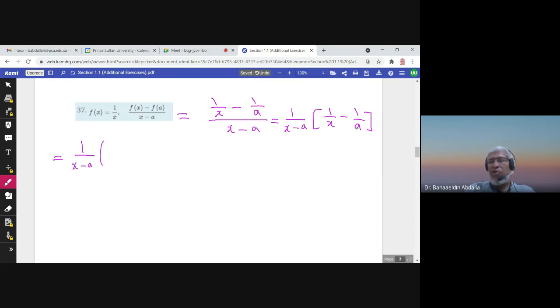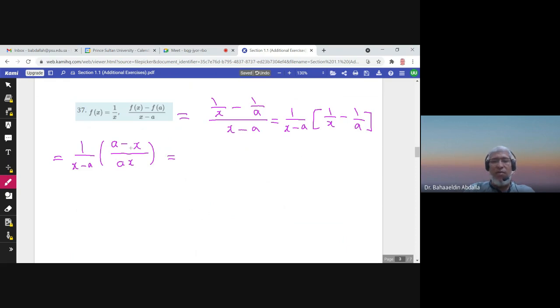And now I need to add or subtract these two fractions. For the formula, you multiply a times x, the two denominators, and then you multiply a times 1, which is a, minus 1 times x, which is x. So this is how we subtract two fractions.